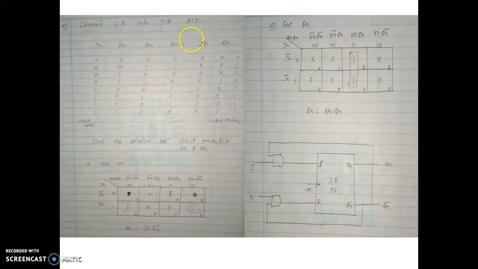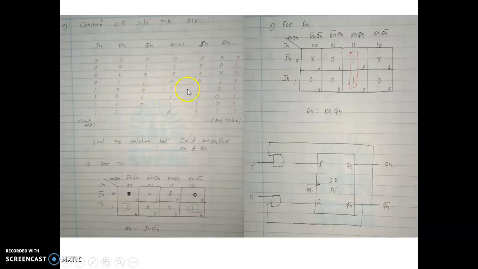In the excitation table of SR flip-flop, for input 0 0 the output is 0 cross. For 1 1 there is a cross 0. Again for 0 0 our SR flip-flop consists of 0 cross. For 1 0 the SR flip-flop consists of 0 1.